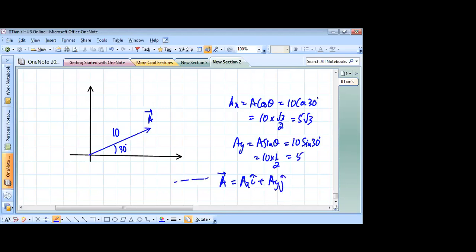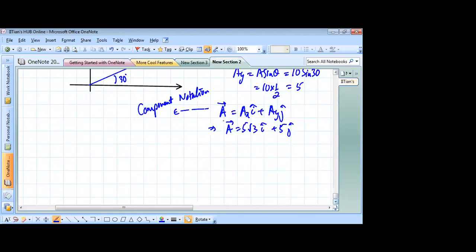This is called the component notation, which we learned in the last lecture in detail for the vector. So here the value of Ax is how much? It is 5 root 3 i cap plus the y component's value is how much? 5. So it is 5. So now this is how we got the vector A in component notation or in component form.